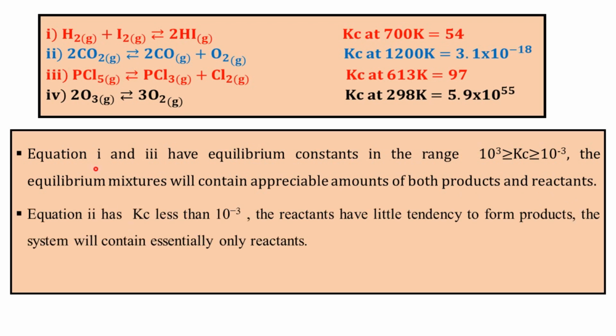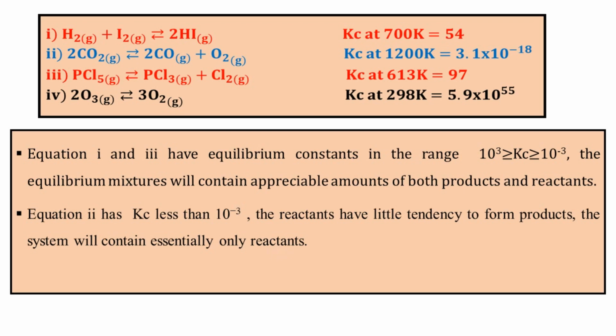Then let's see equation number 2. You can see it has a Kc value less than 10^-3. In this case, the reactant has little tendency to form product. That means the system will likely contain only reactant or a huge amount of reactant.